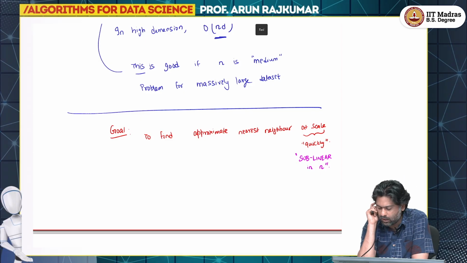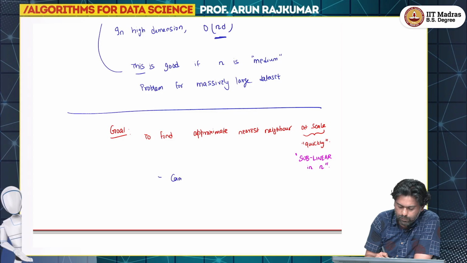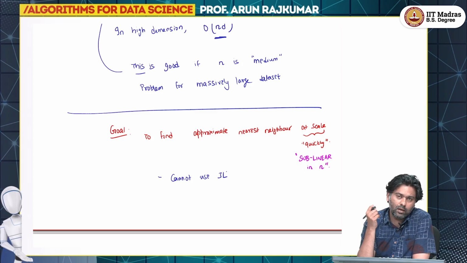So, we have to be careful about that, but we know that we cannot use JL and then do a linear search in the low dimension, because that is still linear in n, which is what we are trying to avoid. But JL gives us in some sense the intuition to develop the algorithm to solve this problem.